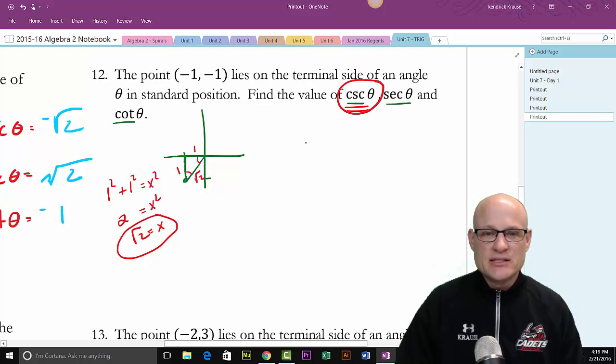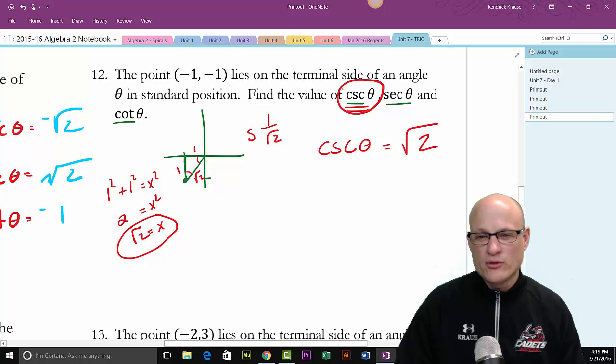Sine would be opposite, 1, so sine is 1 over radical 2. So cosecant theta is radical 2 over 1, which is just radical 2. But all students take calculus, only tangent and cotangent are going to be positive in this quadrant. So I also know this is negative radical 2.